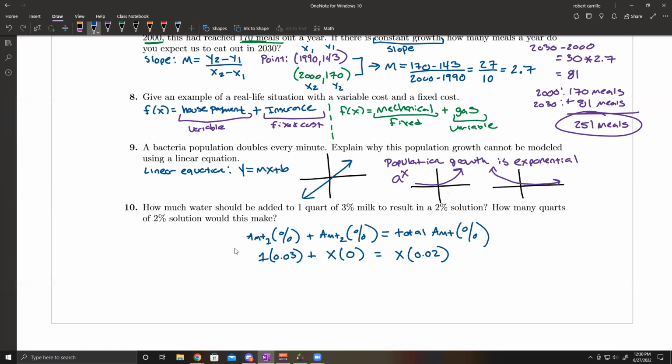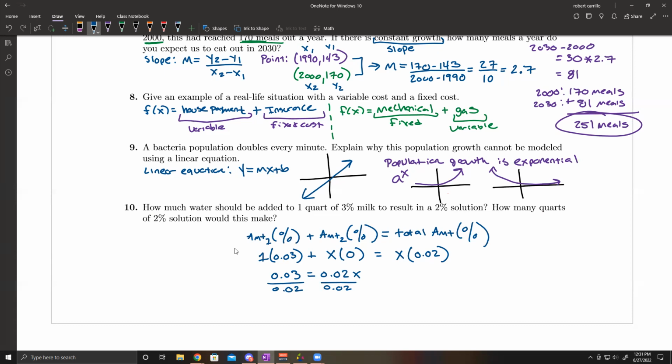Well, 1 times 0.03 is 0.03. X times 0 is 0. And X times 0.02 is 0.02X. Now, we just divide by 0.02.